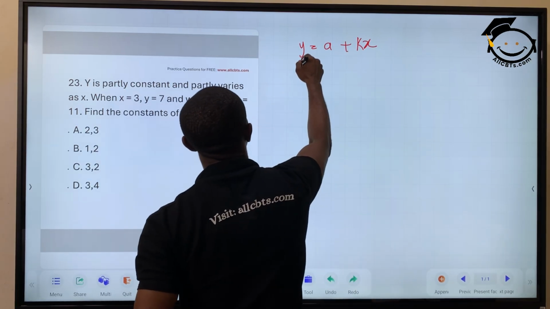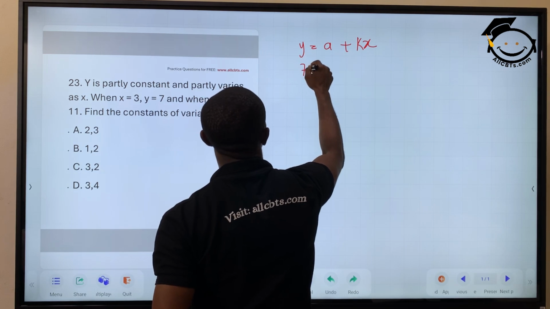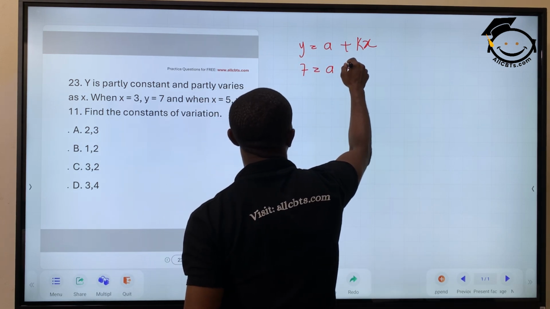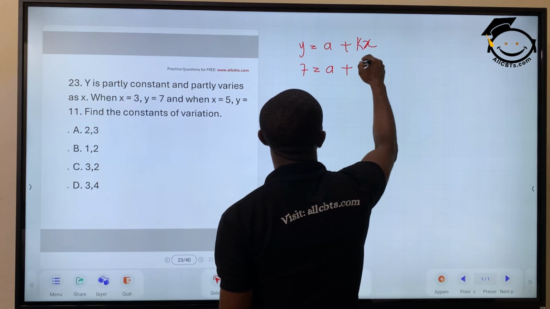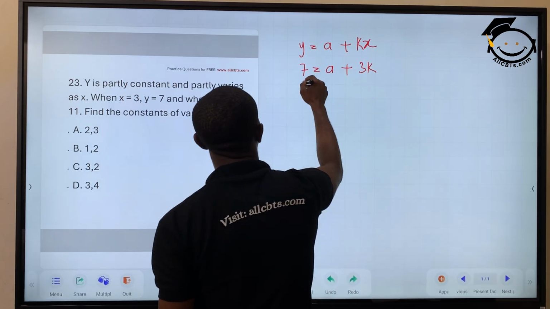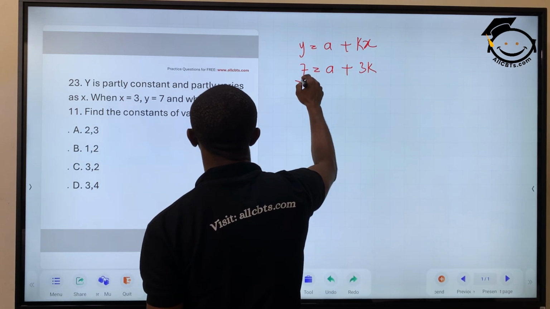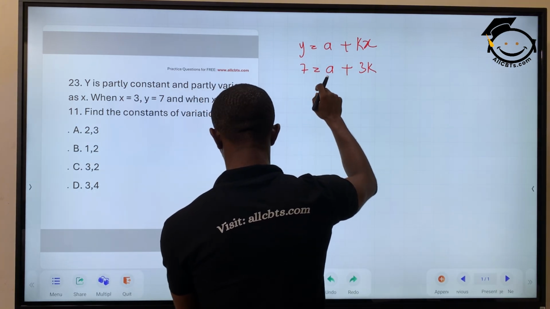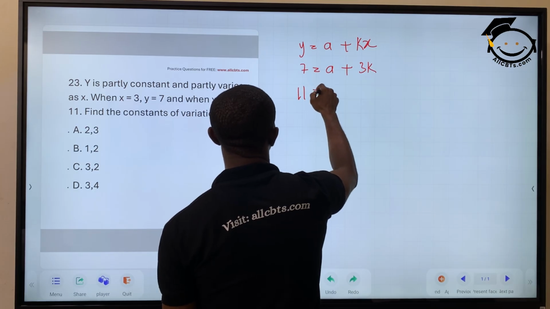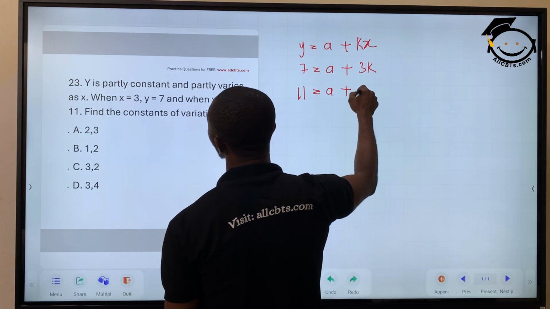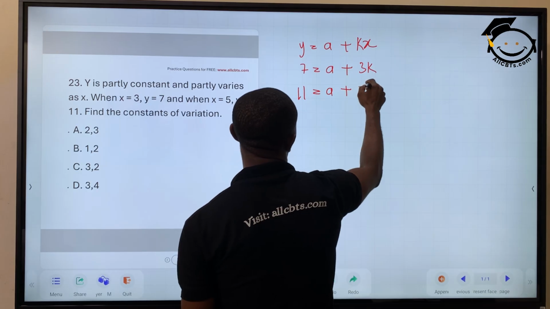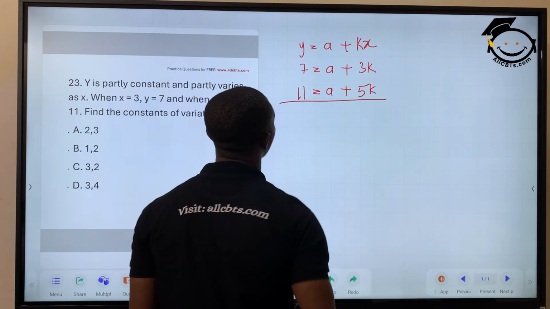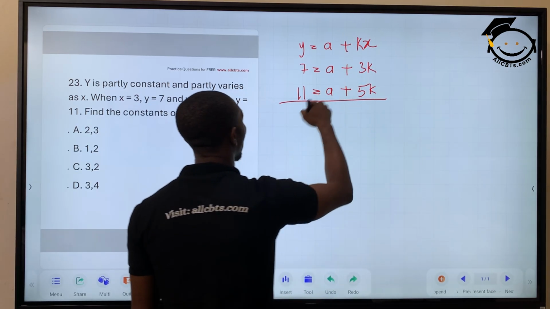So when y is 7, we have a constant plus 3k. And for the second, when y is 11, we have a plus 5k.